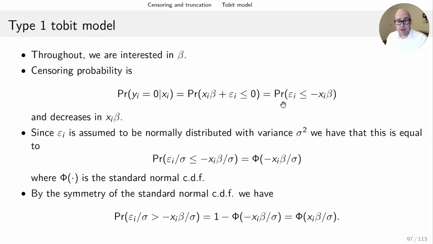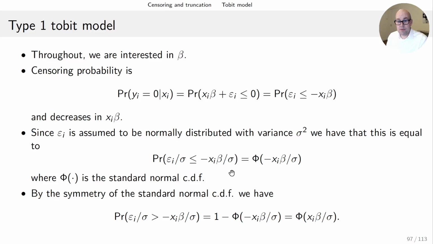So we're figuring out how we can write that censoring probability in terms of the CDF of the standard normal distribution. And as we did it earlier, we have to write down the probability that epsilon i divided by sigma, which is the standard deviation of our normal distribution, is less than or equal to minus xi beta divided by sigma.